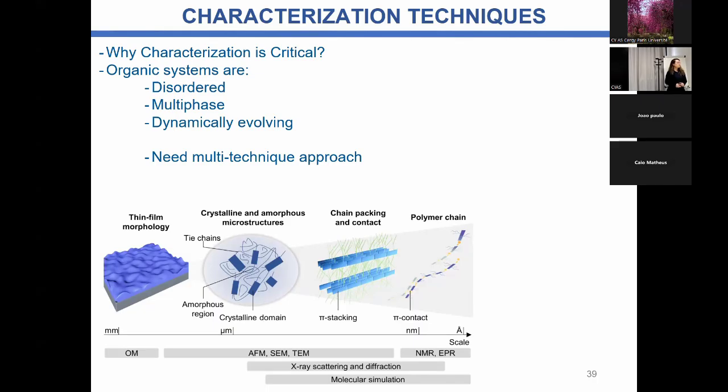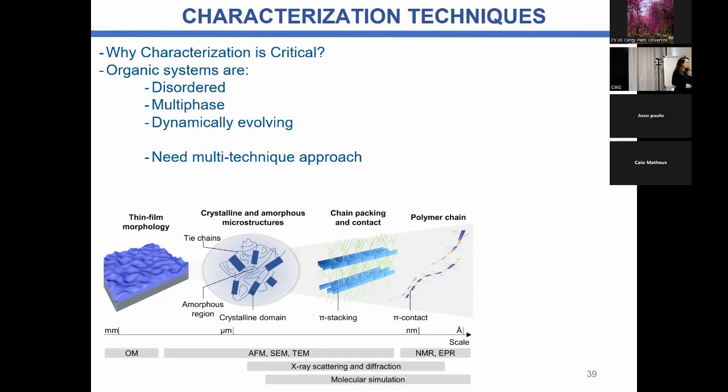Using this multi-technique approach, you can correlate some technique with a morphological point of view, electrical point of view, or optical point of view, and bind everything together and see the correlation between them.